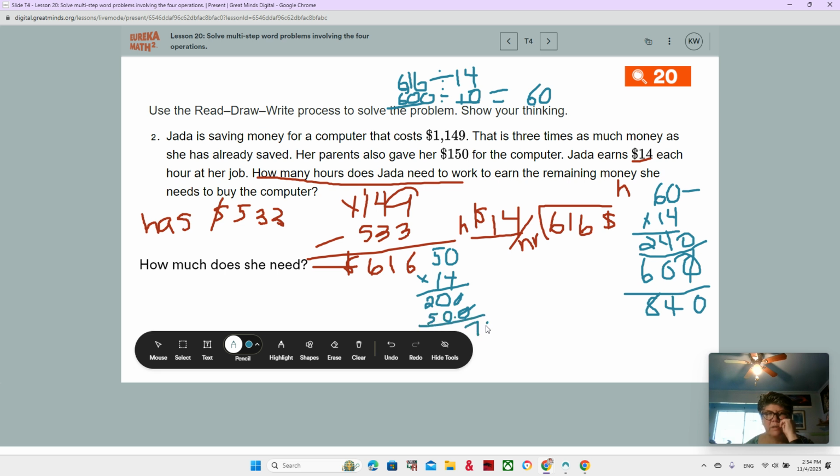That would be 700. Still too big. So let's try 40. 4 times 0 is 0. 4 times 4 is 16. Magic 0. 1 times 0 is 0. 1 times 4 is 4. That's 560.